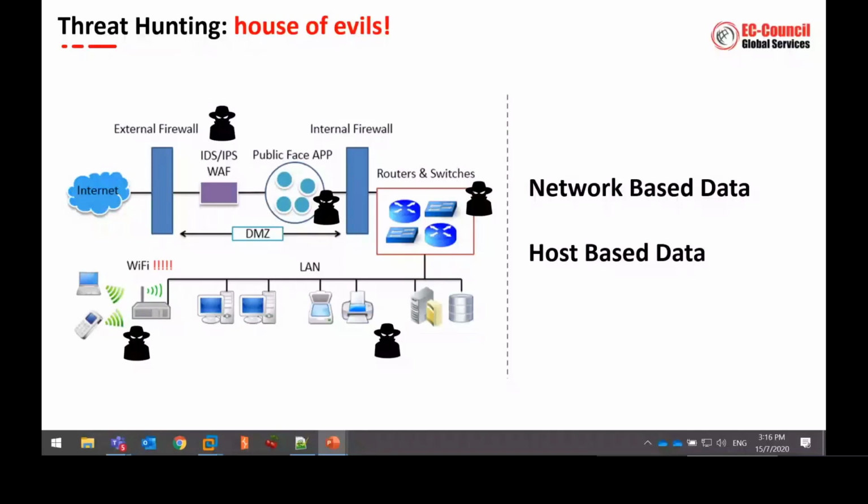In the network-based data, we can have the logs from the network devices. We can have the network packet or network flow. It depends on how we collect those in our environment. On the other hand, we have host-based data, where normally we focus only on the event log, for example, in the case of Windows, or the log at the host level.